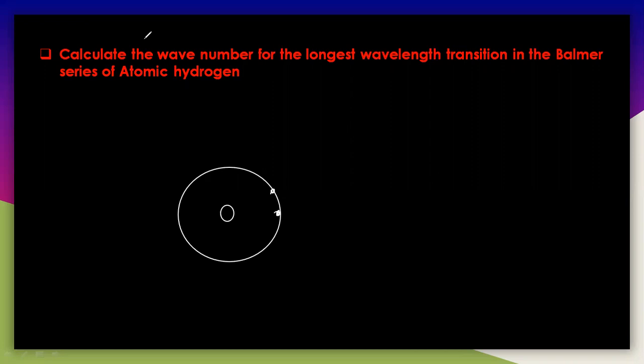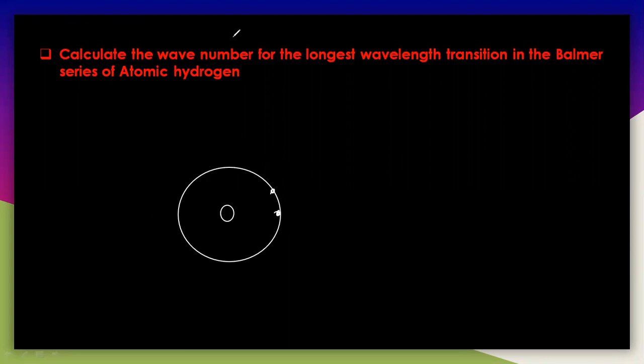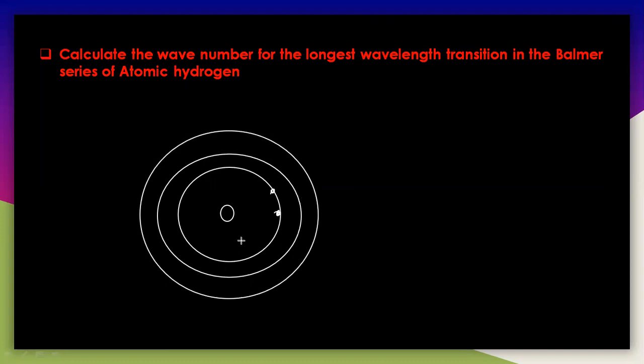You can take particularly the valence electrons like this. This is the next shell, and this is another shell.